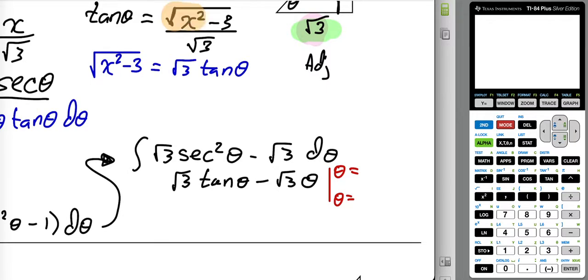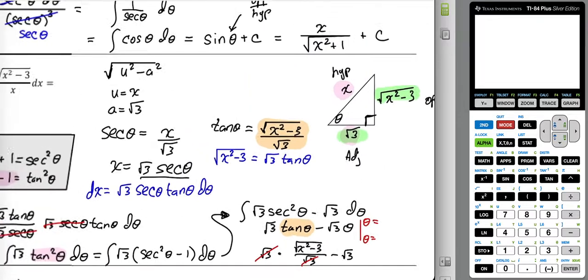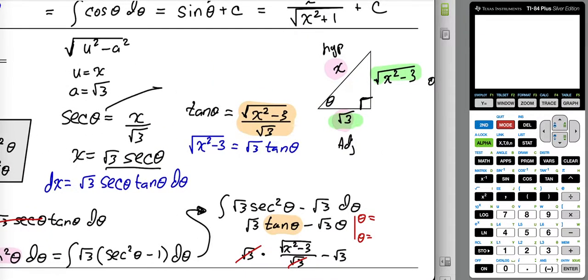Tangent is this. So we could say radical 3 times radical x squared minus 3 over radical 3. So we get a little cancellation there. Minus radical 3, then I need a theta, so I might snag this one here and take the inverse secant of both sides and say theta is equal to the inverse secant of x over rad 3.